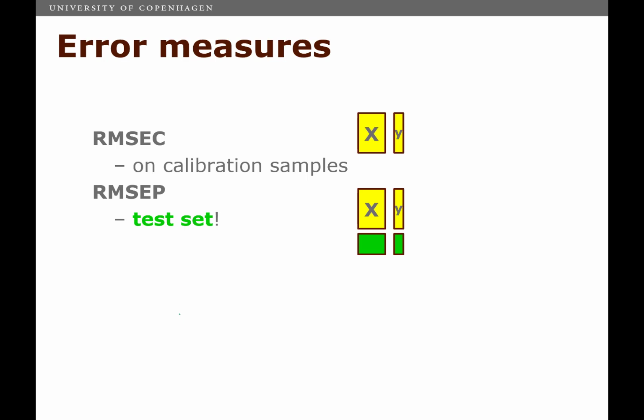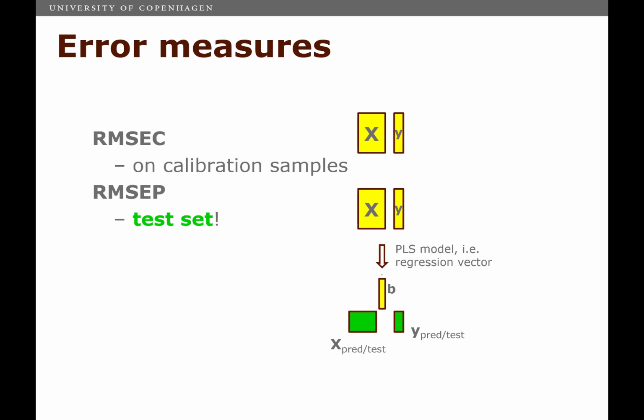And one of those options is what we call the RMSEP, which is using a test set to predict our samples. So what we do is that we make a model on a calibration data set, and then we predict on completely new samples. And if you notice, the regression vector here will come from my calibration data. So it's unaffected by these values here.